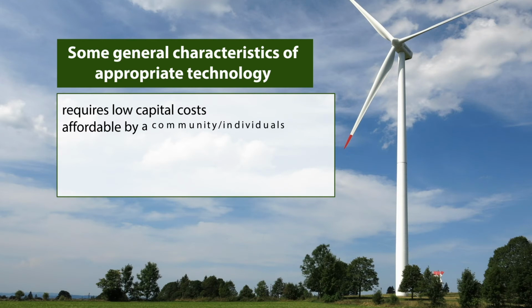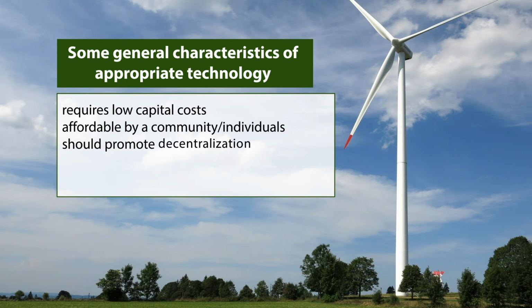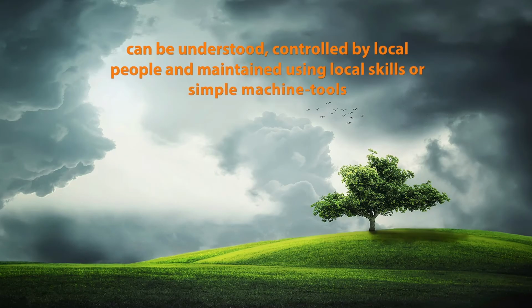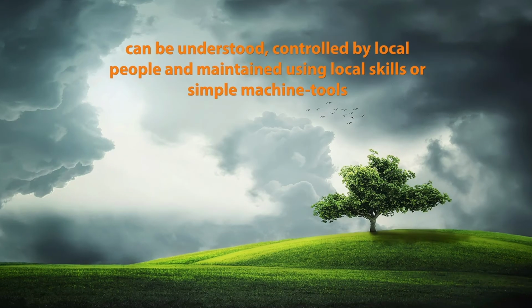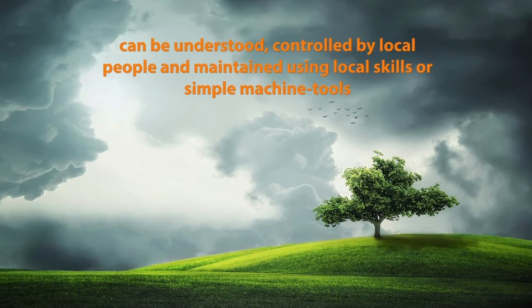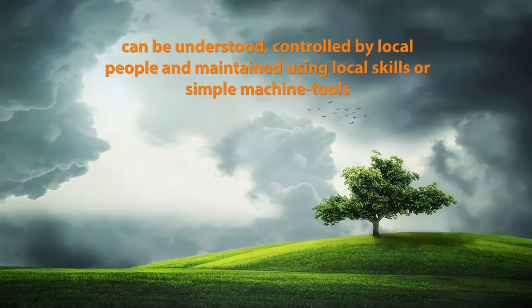It is affordable by a community or individuals, and it promotes decentralization. So, this appropriate technology actually brings people together to work collectively, and it can be understood or controlled by local people and maintained using local skills or simple machine tools.